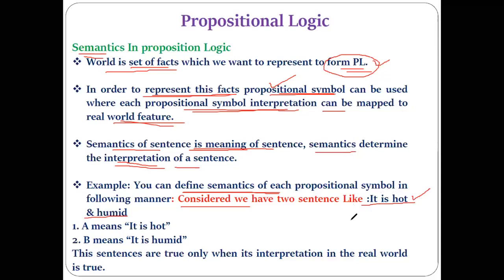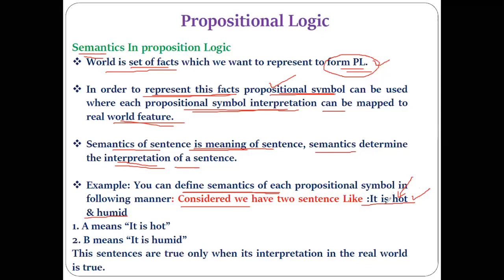Correct. Now suppose I represent this. It is the combination of two statements, or two propositions. Or you can say it is nothing but which kind of proposition? Compound proposition, yes or no? Is this statement a compound proposition or an atomic proposition? Compound proposition.